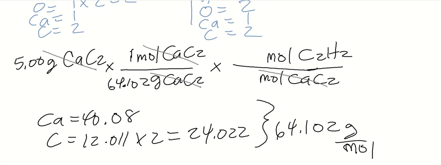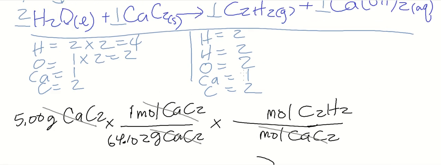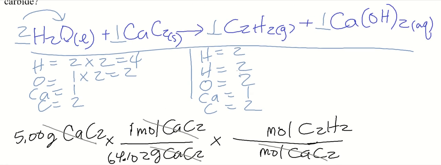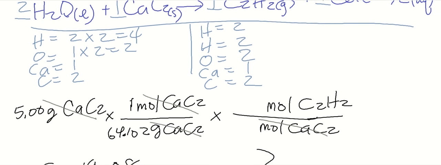Let's find the mole ratio using the balanced equation. The balanced equation tells us the mole ratio between calcium carbide and acetylene is a 1-to-1 ratio. So we didn't even need this conversion factor, but let's do it. It shows you all the steps.